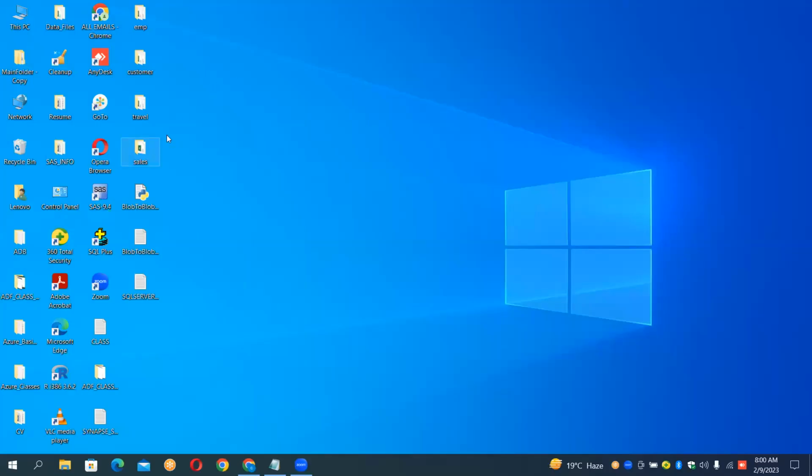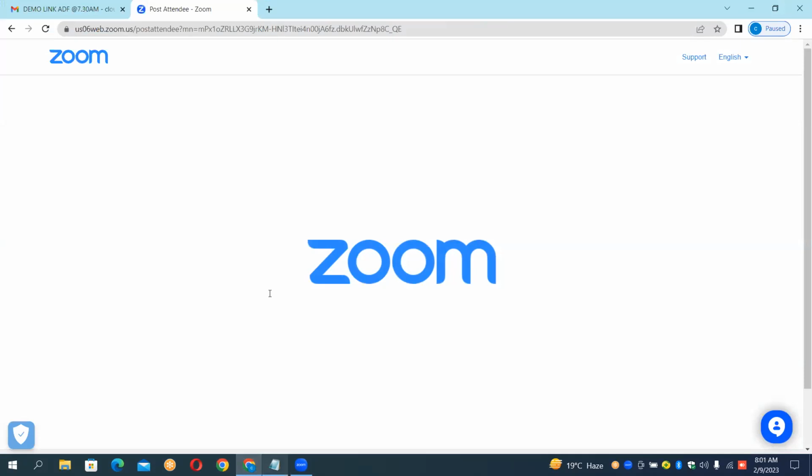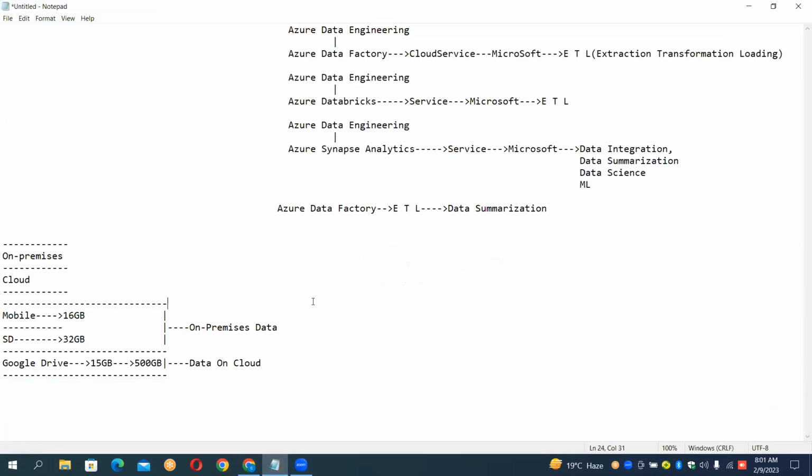That means this file is restricted only to my computer and may not be available to you. The data which is restricted to a local system or personal computer is called on-premises data.